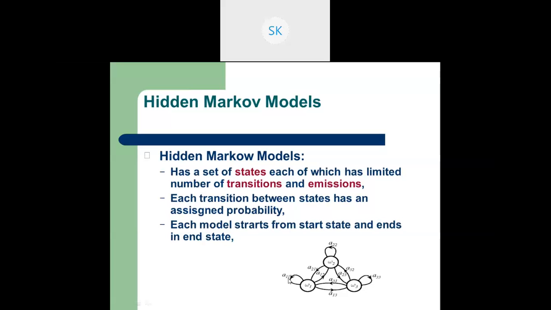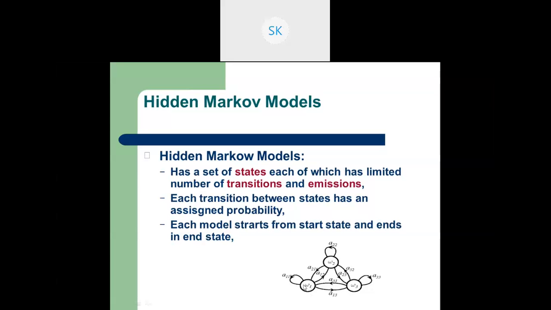This A11 is the transition probability from state W1 to W1. Likewise, from W1 to W2, this is A of 1 comma 2. From W1 to W3, that is A 1 comma 3. So with respect to W1, we have A13, A12, A11.